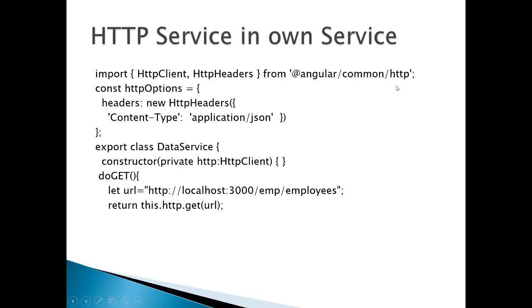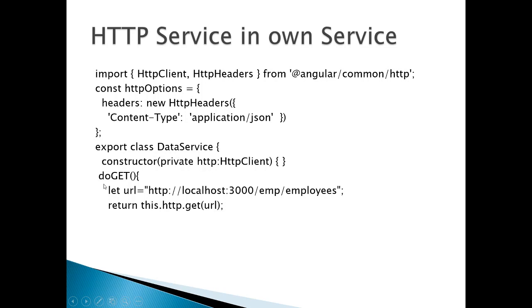HTTP is a complete package, and from that we are calling the HttpClient service. The second step is injecting that service into our service. This is a built-in service, and we are injecting it into the constructor of our service. By doing this, the HTTP service is available to us.